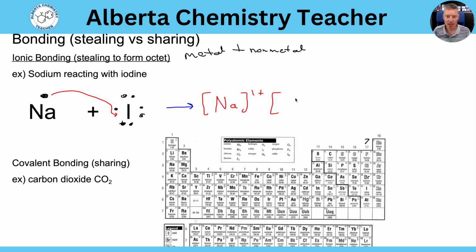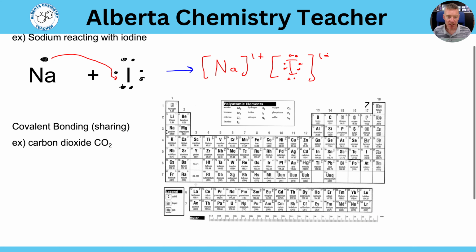And we're going to get iodide that used to have 7 and now has 8. And we can use these charges to balance the count of each. +1, -1, we only need 1 of each, and we don't write 1. So this is ionic bonding, metal and a non-metal, a full stealing.